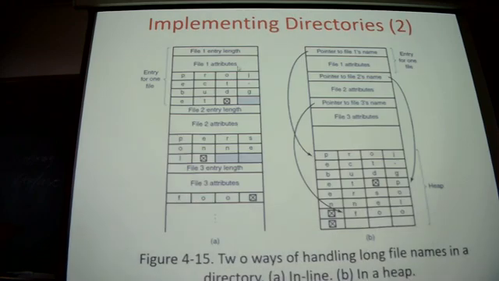File attribute, and this is the file name. The second file, file 2, has entry length, attributes, and file name.